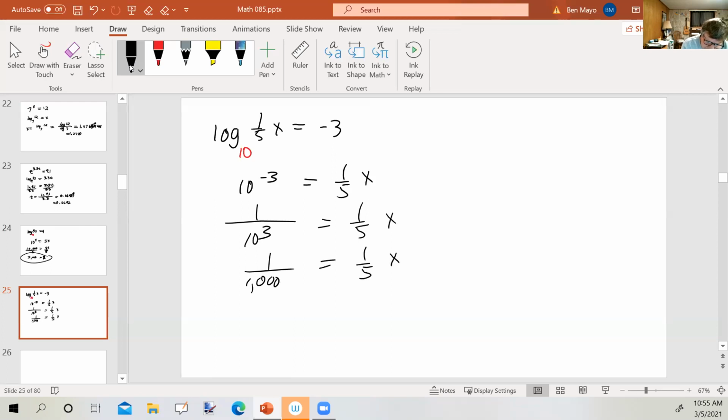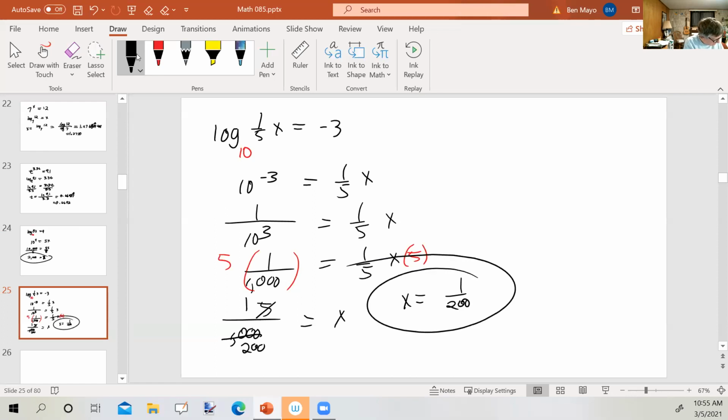Then we could multiply both sides by 5, and we get what? 5 over 1,000 equals x. We could reduce that. 5 divided by 5 is 1. 1,000 divided by 5 is 200. So x equals 1 over 200. Okay. Any questions on that one?